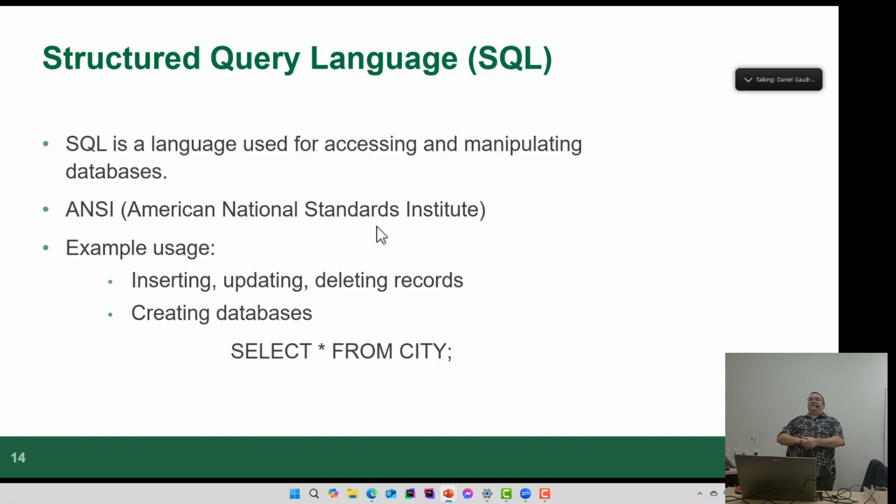Most of them are proud that they support the 1999 standard. The last standard that came out, if I remember, was 2018. So they're proud of being 19 years behind. But the funny thing is that the 1999 version of SQL is pretty much what everybody needs. Everything since then has just been extra little bits, like new data types, new kinds of queries and stuff like that. But literally what I was learning in the 90s is the same stuff you guys need to know now.